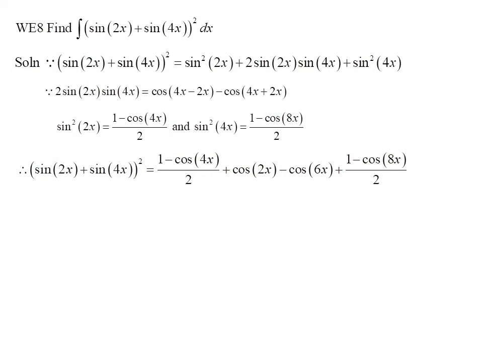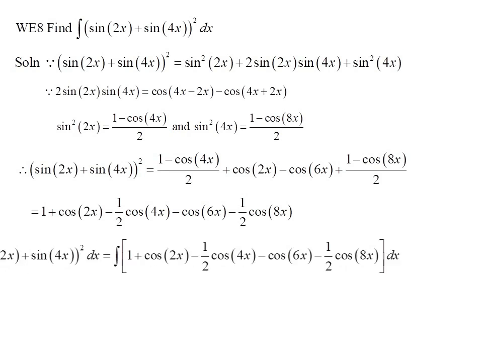Hence, the integrand function of sine 2x plus sine 4x, in parentheses, squared, can be simplified to 1 plus cos 2x minus 1 over 2 times cos 4x minus cos 6x minus 1 over 2 cos 8x.